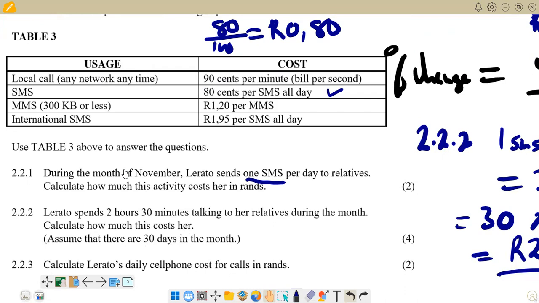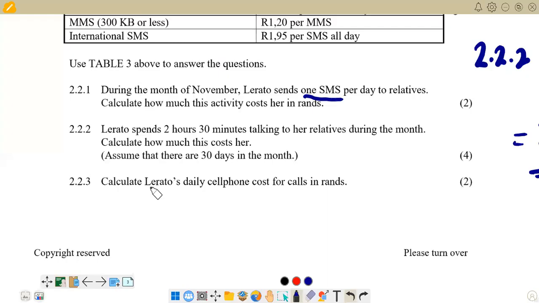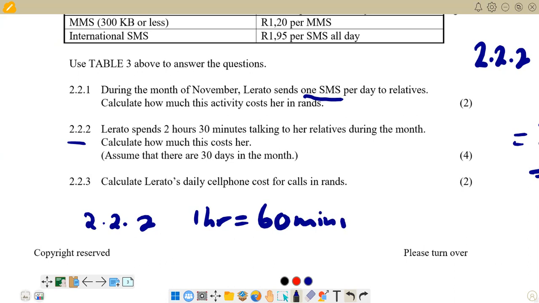So to convert our 2 hours, 30 minutes to all minutes, we are here, 2.2.2. We have 2 hours. We have to convert hours to minutes. You know that 1 hour is equal to 60 minutes.